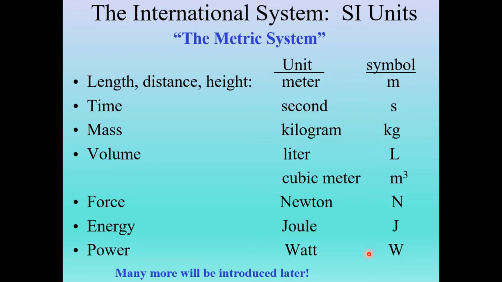We're going to learn about quite a few units in this course, but this gives us an idea of what we're dealing with. And again, the main message here is that when we study science, particularly a physical science like this, we need to measure and quantify things, and in order to do that, we need to assign units to the numbers.